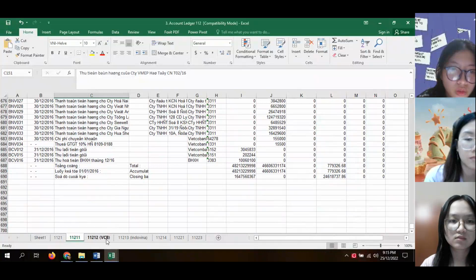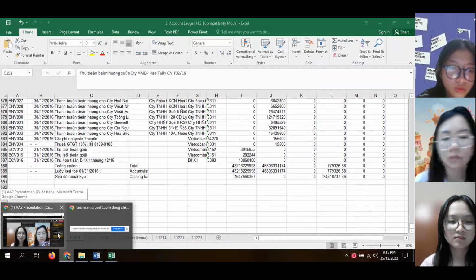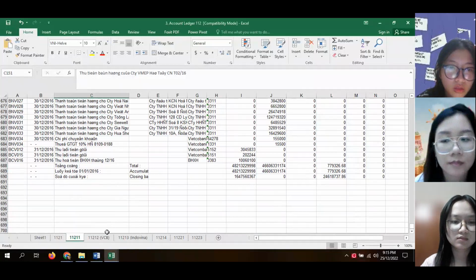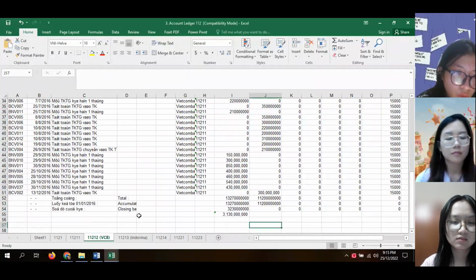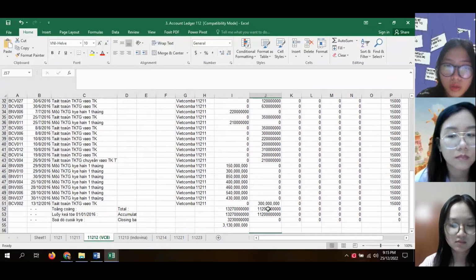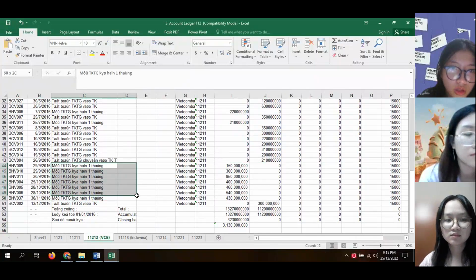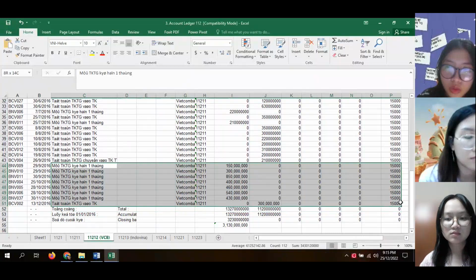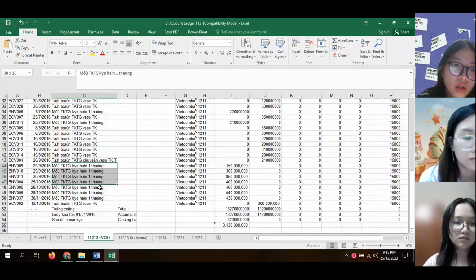And then we will go to the subsidiary ledger for 112.12. If we don't look carefully, we will take this transaction to be zero, but this is not.